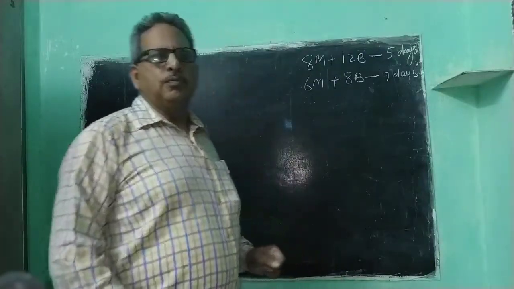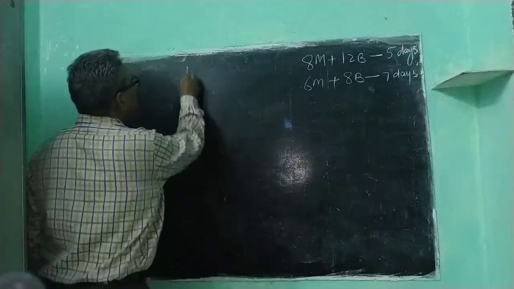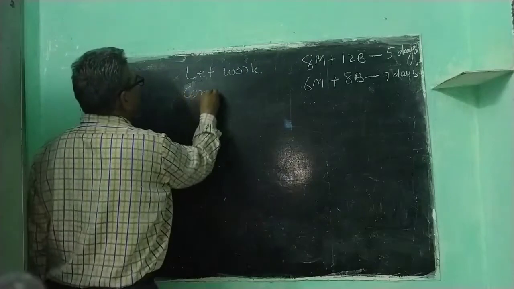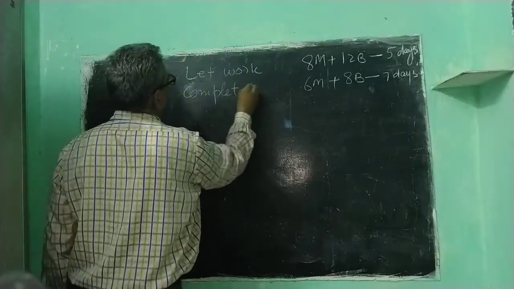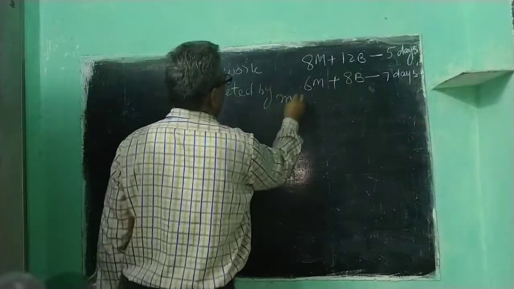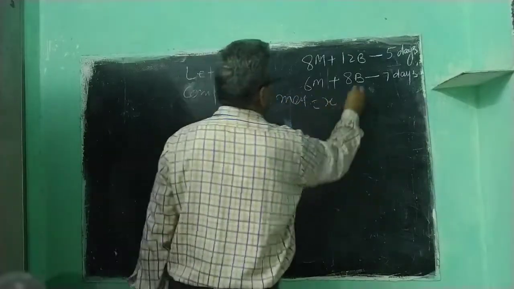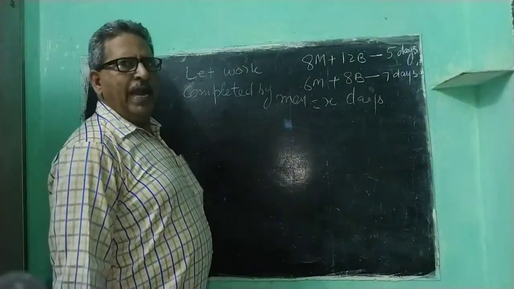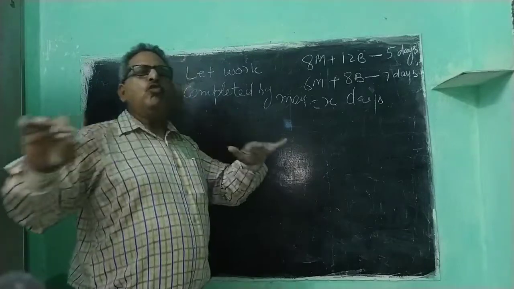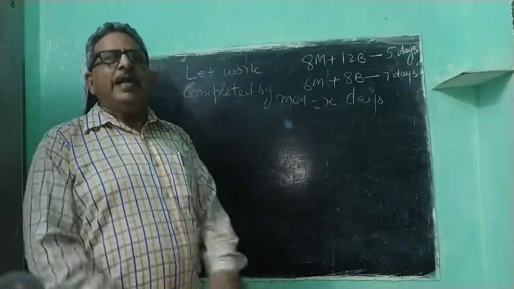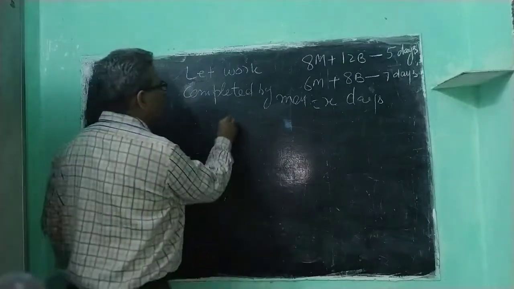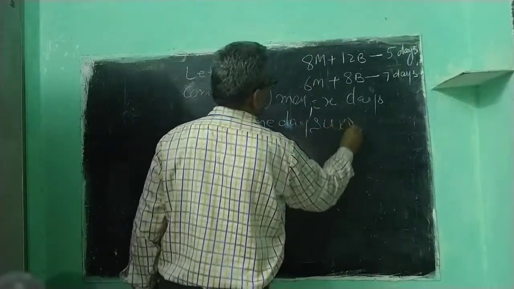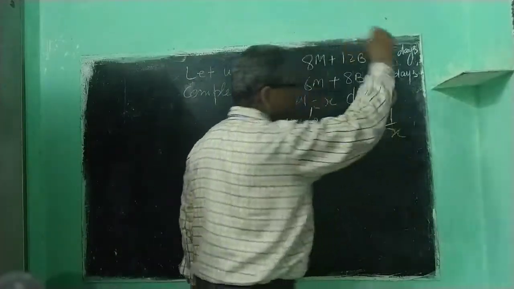So now, beta, let the work be completed by a man in x days. What I have considered is, we let the whole work be completed by the man in x days. Therefore, beta, 1 day's work is equal to 1 upon x.